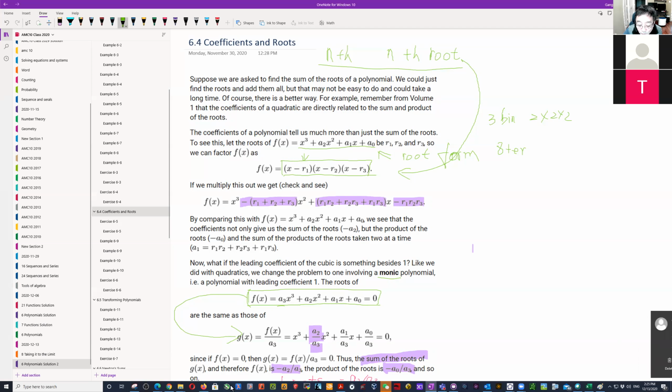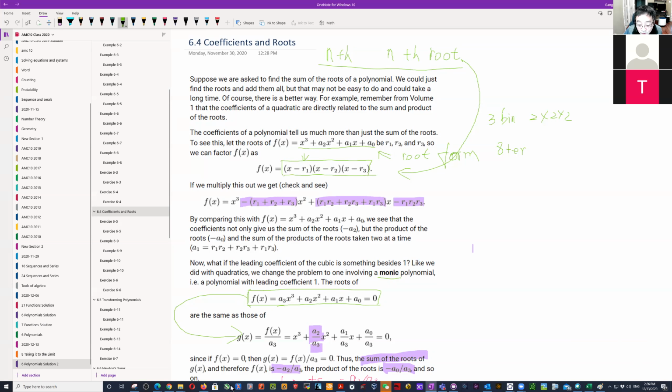Then the middle terms, the x squared term and the x term. For the x squared term, you have to take 2 of the x's as the factor, and the remaining factor will be one of the roots. So it will be in this format. For the x term, you can only take one x, and for the other 2 factors you are picking different combinations of 2 roots.